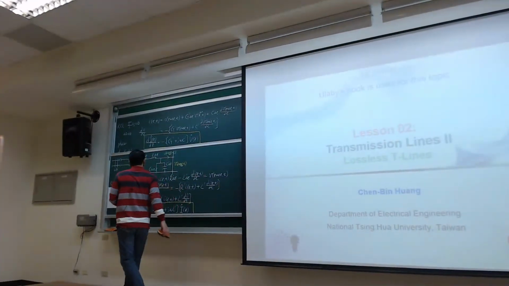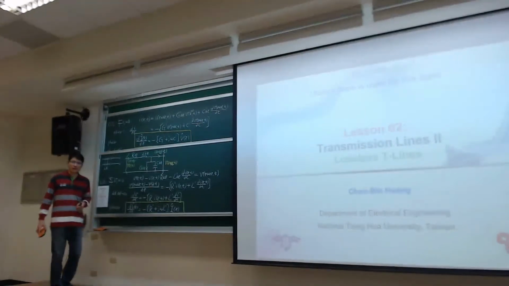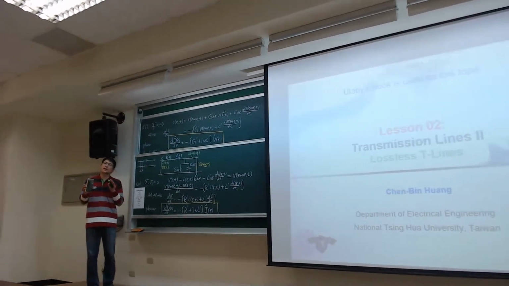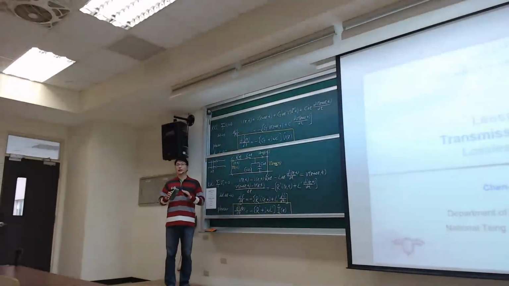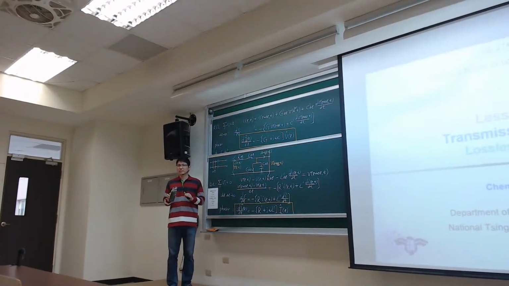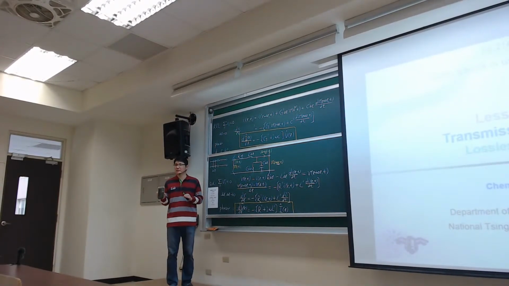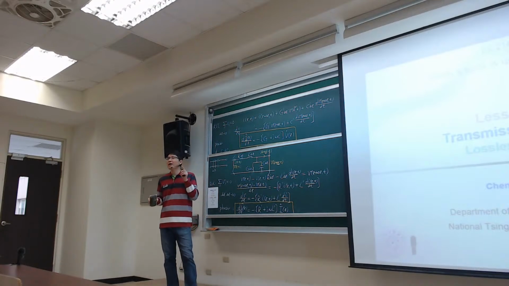But when I talk about a lossless transmission line, what elements am I trying to omit? If I have loss, which lumped elements are introducing loss?